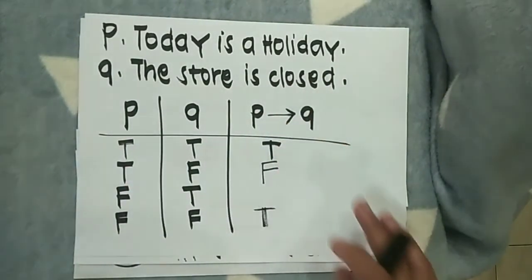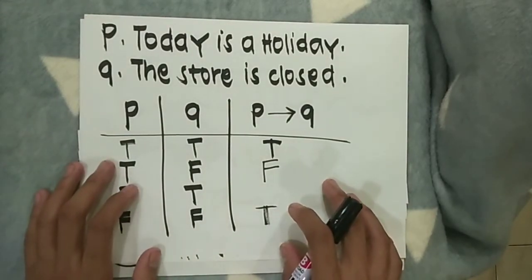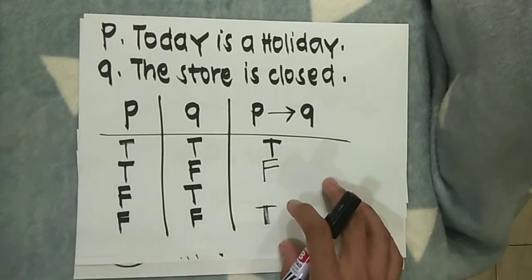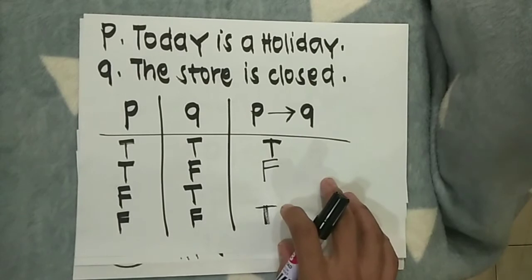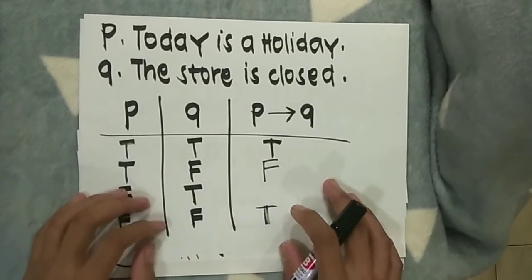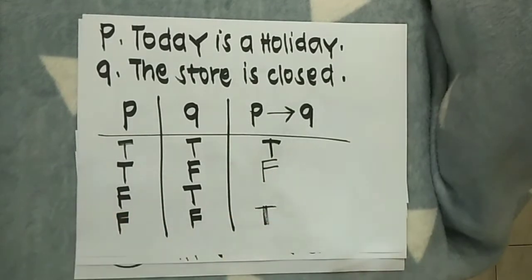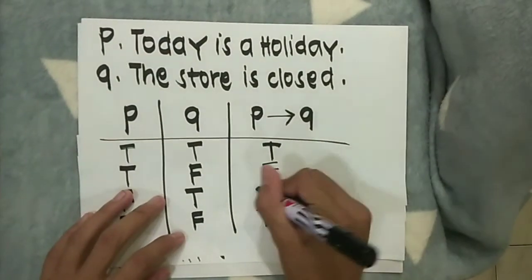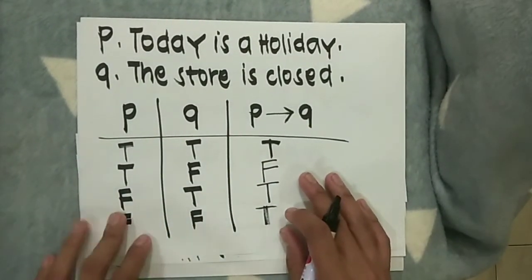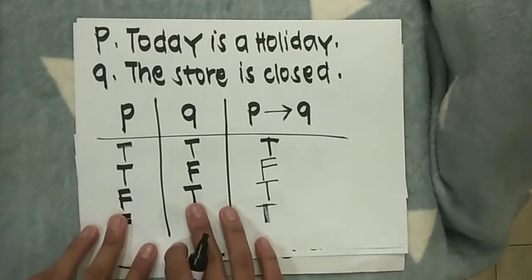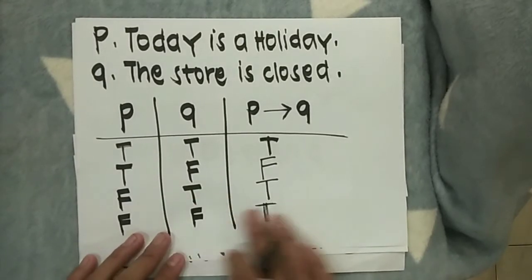We didn't say that was the only reason the store might be closed. There might be other reasons. So we have no reason to know that just because today is not a holiday, the store is definitely going to be open. The store could be closed, so this is considered to be a true statement. When P is false and Q is true, you've still got if P, then Q being true.